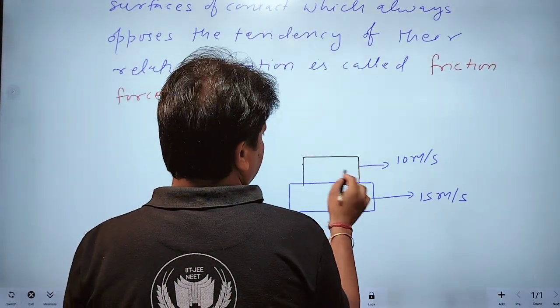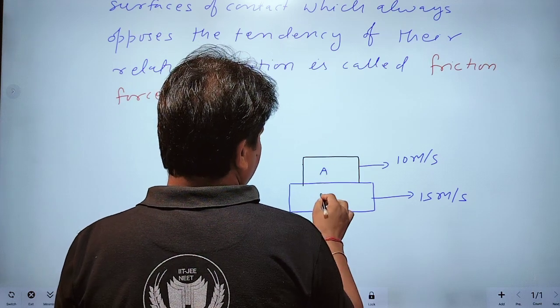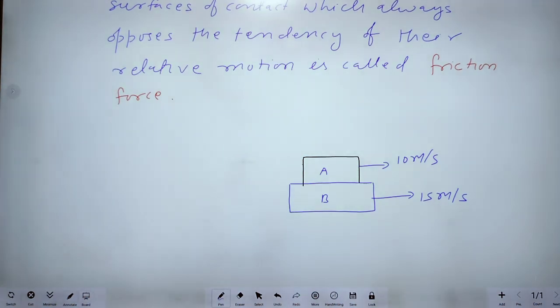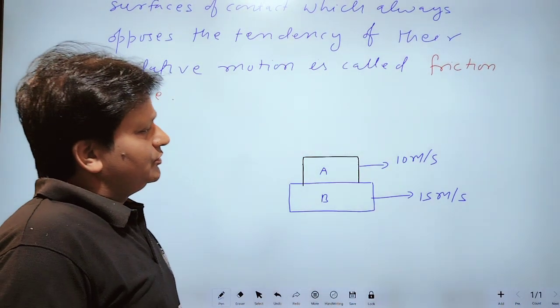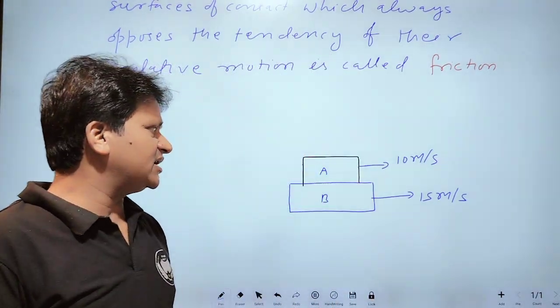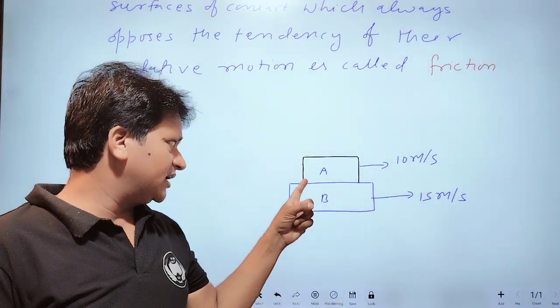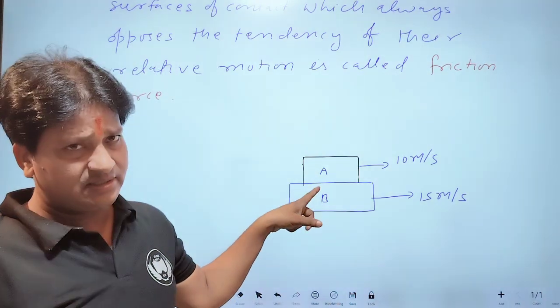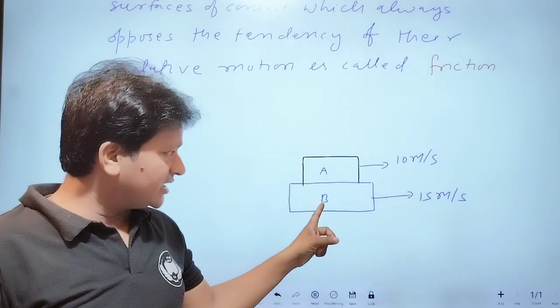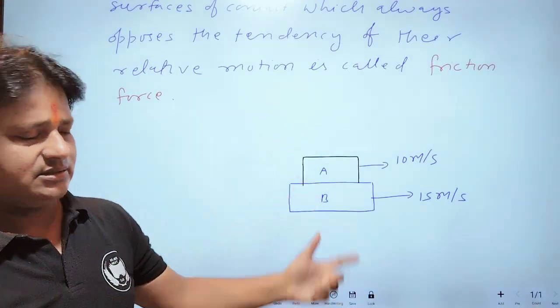This block is A and this block is B. Both are moving in the same direction. We have to find the friction force exerted by A on B and exerted by B on A.